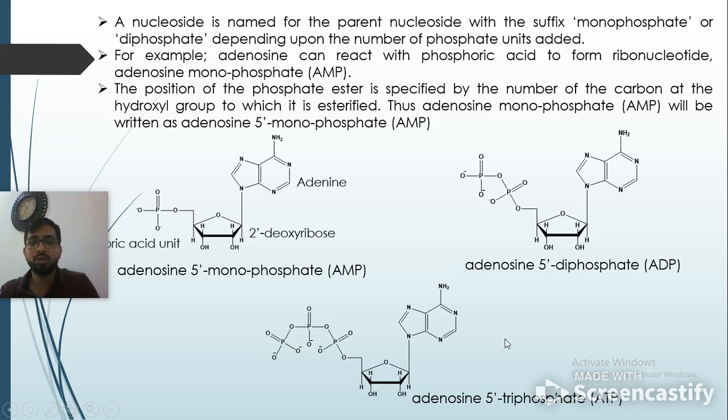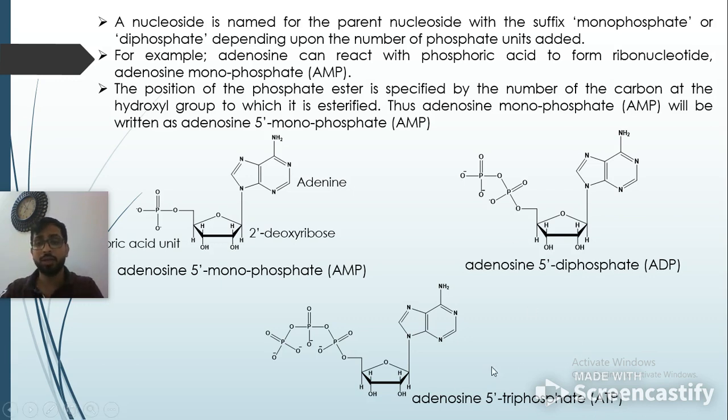Now you may have a question in your mind, sir, all the phosphate groups are attached with each other in a linear chain, whether they can be present in either positions? Yes. In this diphosphate system, one phosphate group can be here, and the other phosphate group can be at this carbon, that is the 3' carbon. In that case, we have to assign both the positions. We can name it adenosine 3',5' diphosphate if we have phosphate groups at the 3' position and 5' position.